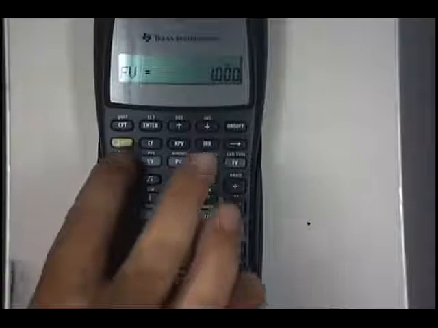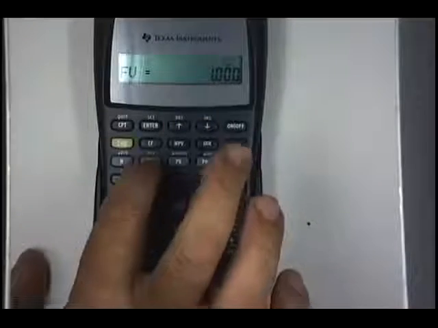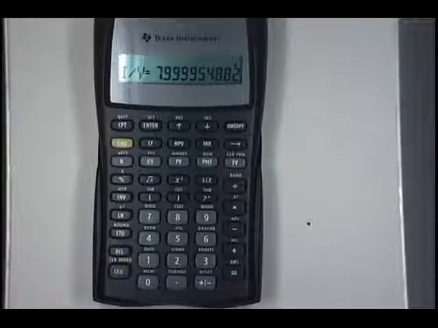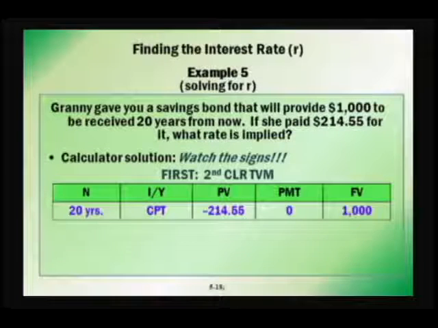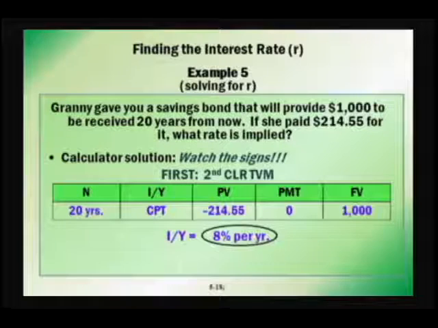I can now compute my interest rate. Compute I over Y. And we come up with 7.999%, or 8% per year is the interest rate that I would be receiving on that bond that Grandma bought for me.